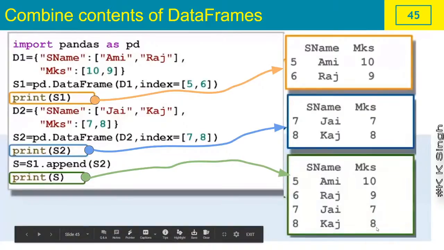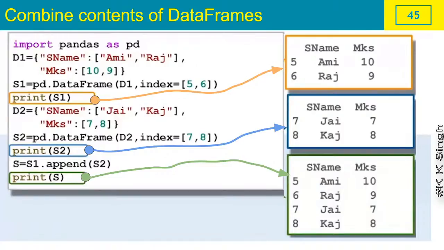So this way you can add: the first data frame, and at the bottom of the first data frame, the second data frame will be appended or added. So the resultant data frame will have 5, 6, 7, 8 as the indexes, but iloc will be 0, 1, 2. Okay, now next.